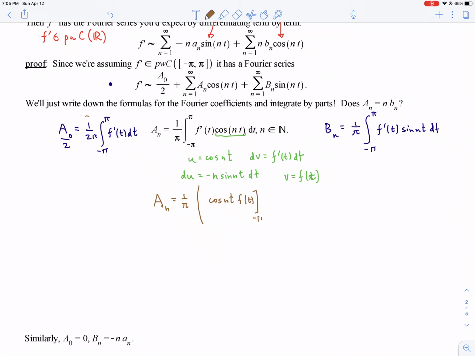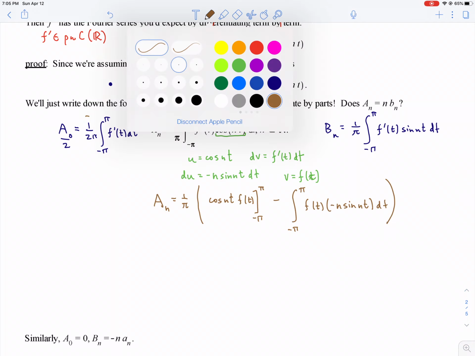Then I subtract off the integral of v du, which is f of t times minus n sine nt dt, close parentheses.